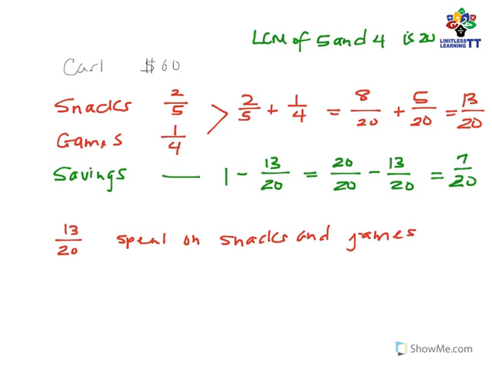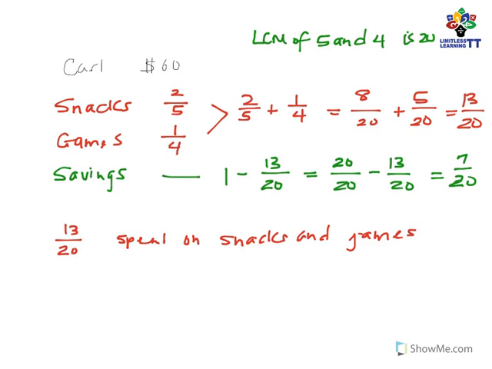And so now we want to find out what is 13 over 20 in terms of money. The total amount of money that Carl has is $60. So we want to find out what is 13 over 20 of my $60 that I have.